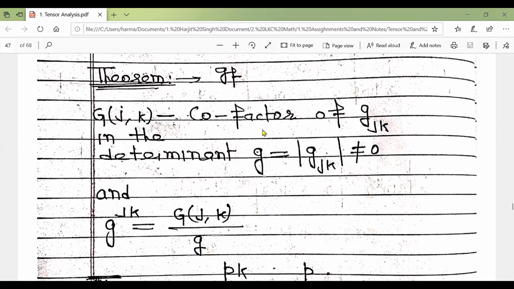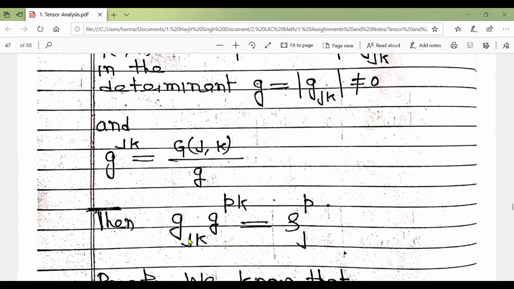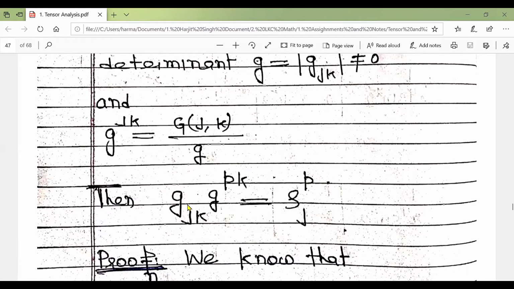Now, in this result, our purpose is this product g_jk, a covariant metric tensor, times g^pk, a contravariant metric tensor. This k is common, so this will be converted into delta p j. So this is a very important result.